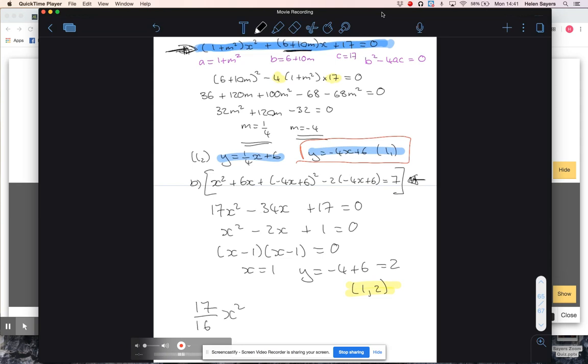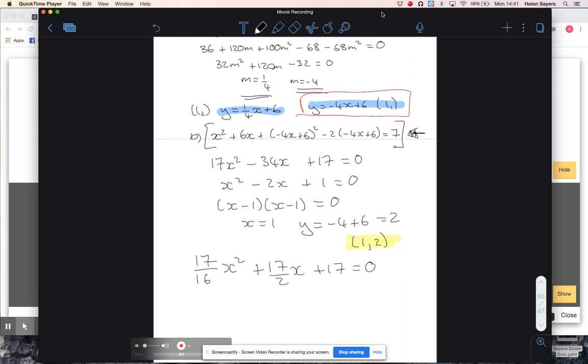Then if m is a quarter, it's going to be 17 over 2x, plus 17. Okay, and again, I'm just going to stick that in the calculator. You can multiply through by 16, but it's the easy option. So A is 17 over 16, B is 17 over 2, C is 17. And remember, I'm expecting a repeated root.